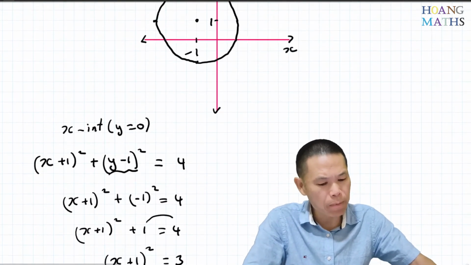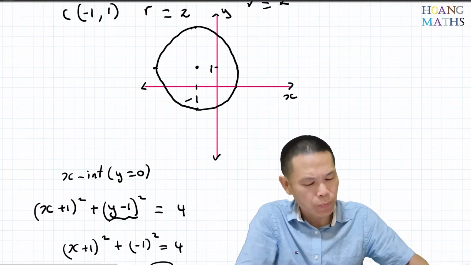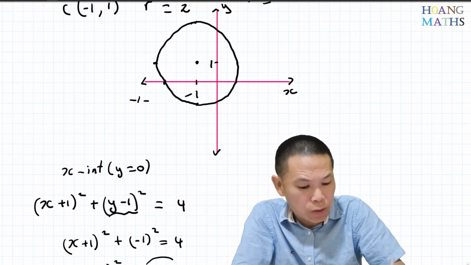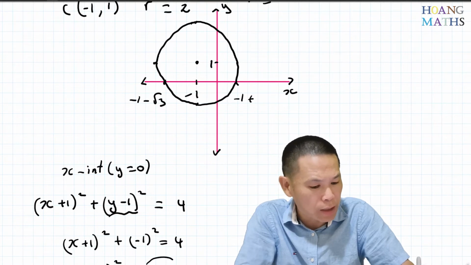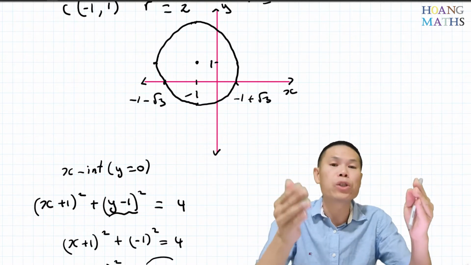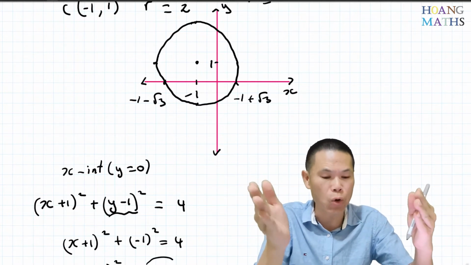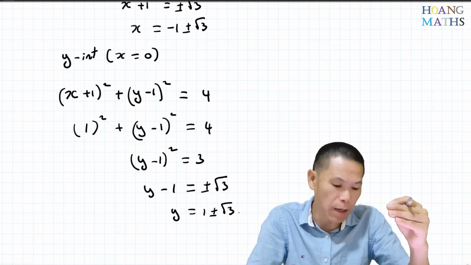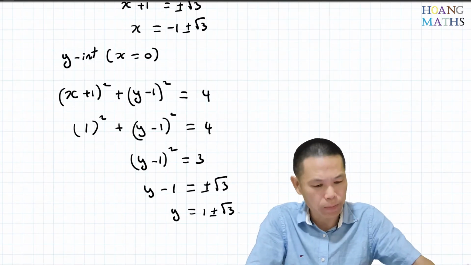So the x-intercept is -1 minus root 3. On the negative side, this one here, -1 minus square root of 3. And this one here, -1 plus square root of 3. Of course, you can use a calculator to work out the decimal, but I just leave it in exact form. For the y-intercepts, it is 1 minus root 3 and 1 plus root 3.